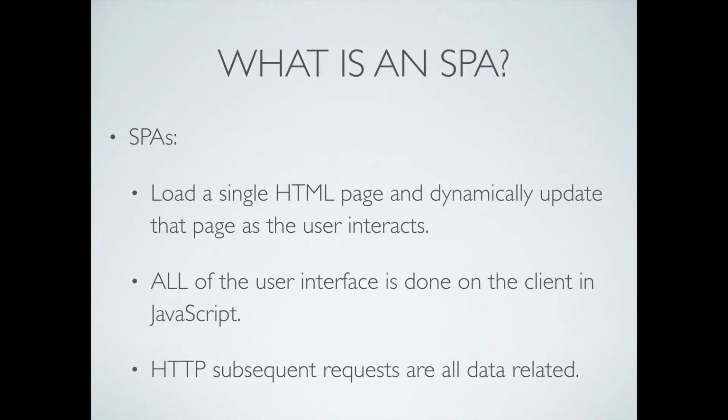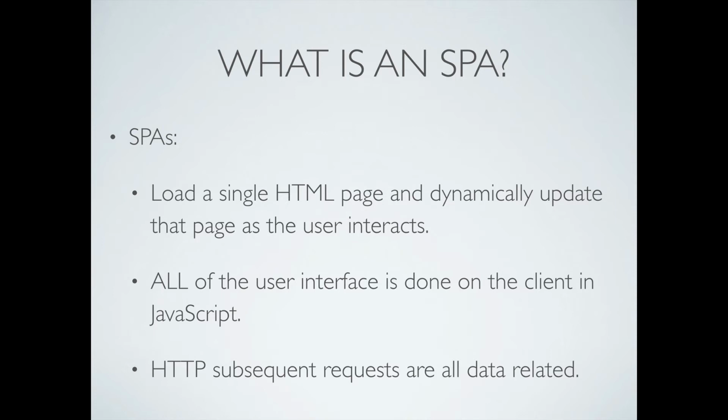In contrast, a single page app is a website where there's only one page. You load one HTML page, and anything that changes on that page, any of the user interface interactions, are all done in the web browser itself using JavaScript.